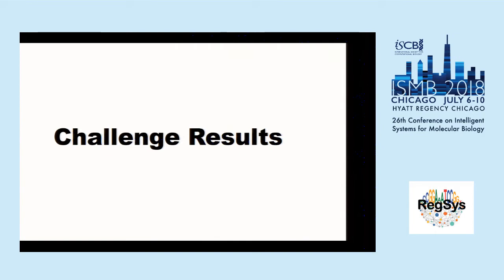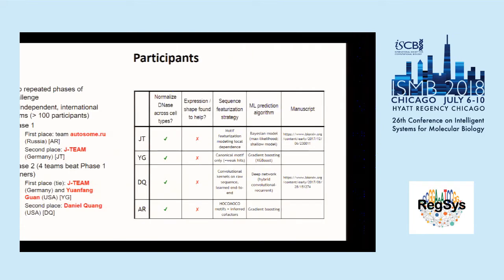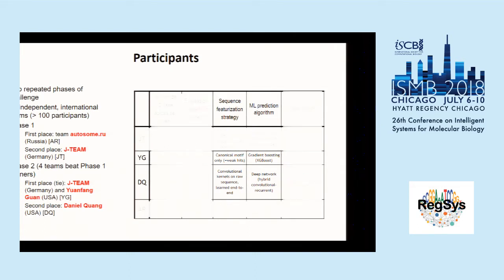And now to get into some of what happened in the challenge, we were really happy to have a large participant list, 40 teams submitted, and some of the very broad salient features of the top 4 algorithms are here. And I'll just focus on 2 of them for now, because the methods varied starkly in complexity, even though the performance ended up being quite similar for these top methods.